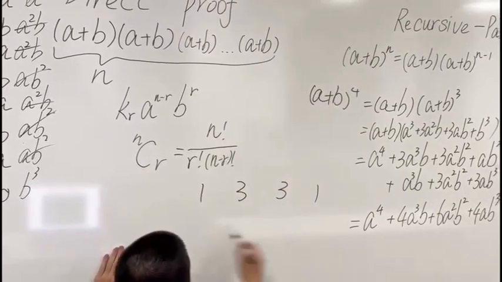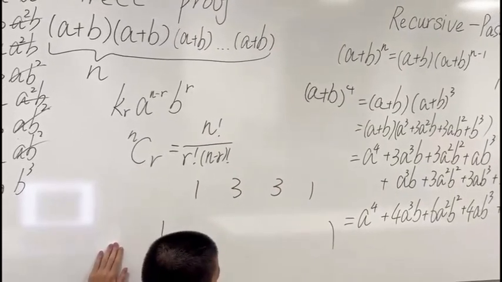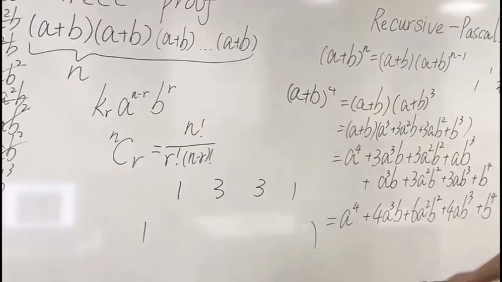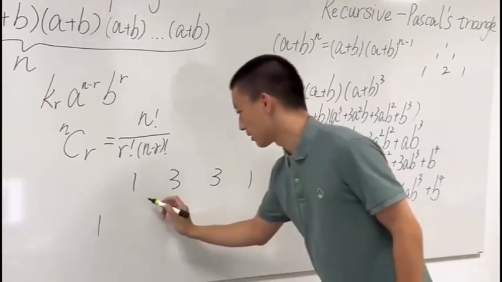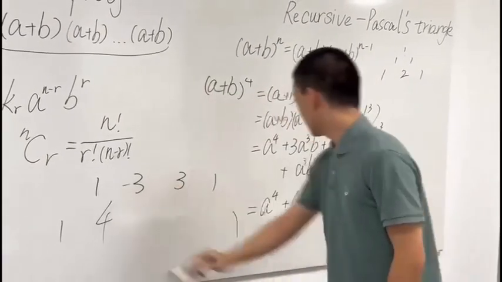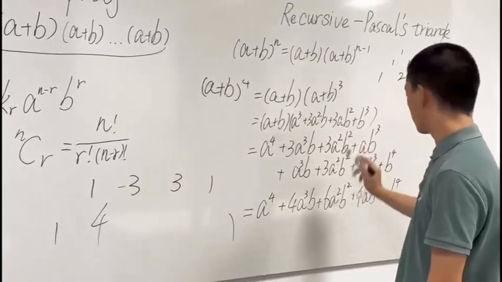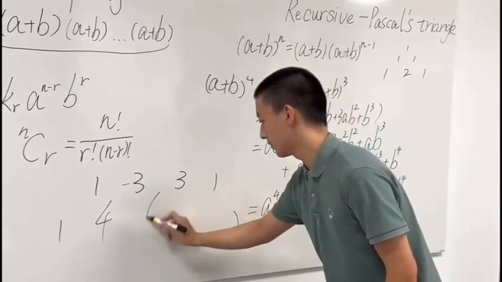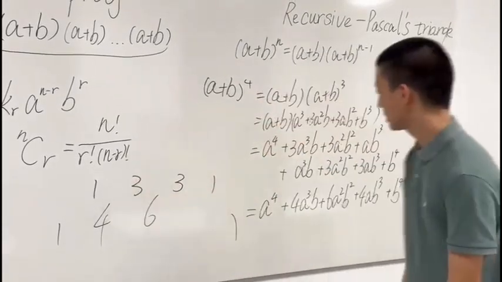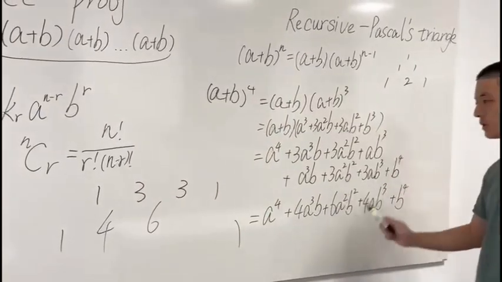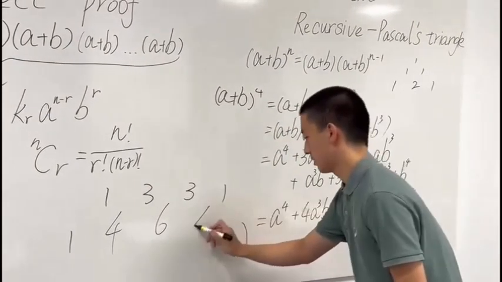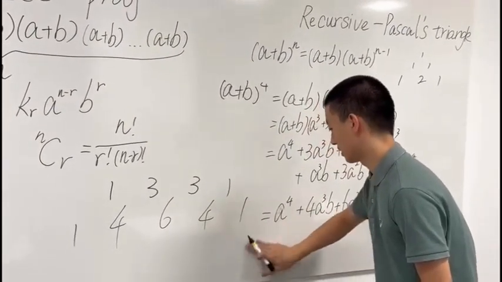The first term and last term are always 1. So 3 plus 1 is here. 3 plus 1 here. 3 plus 3 gives 6. And 1 plus 3, 3 plus 1 here, and there's 1.